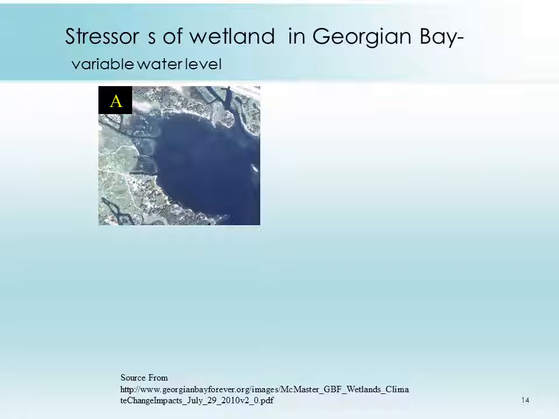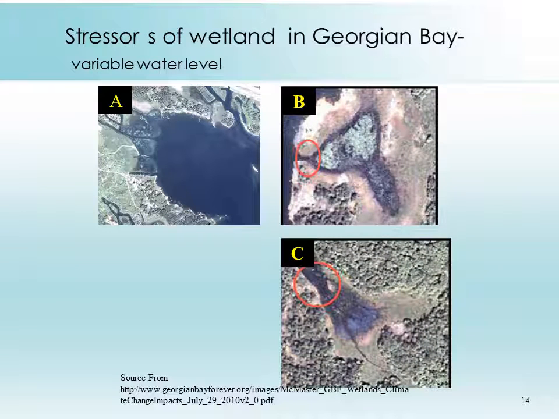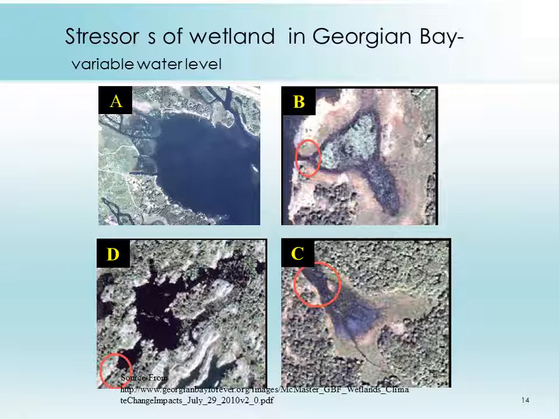This photo is an original wetland. With the water level becoming lower, the wetland became dry. And as the water level continues to decrease, the connection, the open mouth of the wetland, became closed.